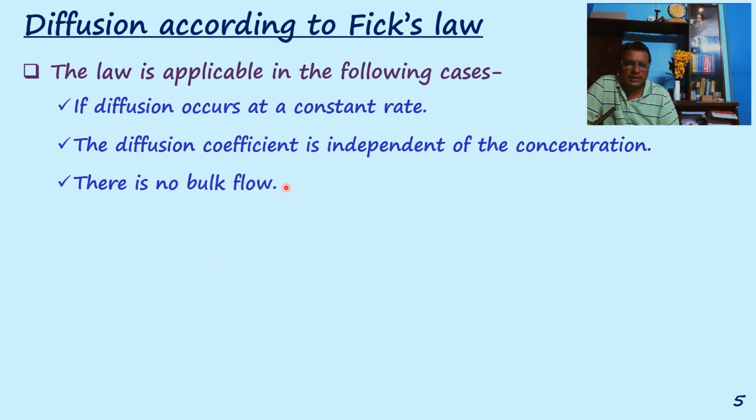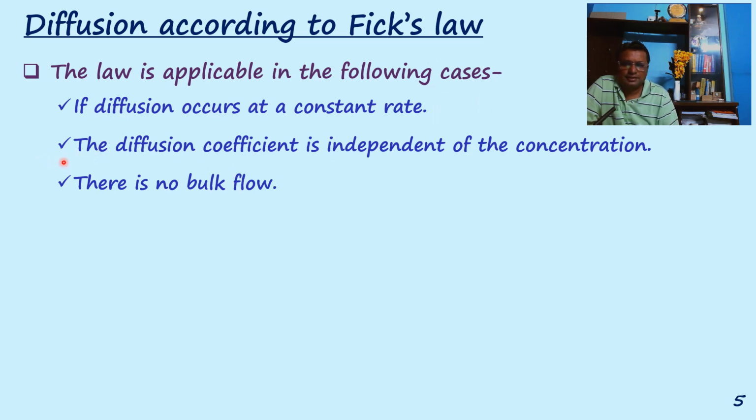And another important condition is there should be no bulk flow. So you can apply Fick's law for those diffusion that involves no bulk flow of the diffusing substance. Okay, so under these three conditions you can apply Fick's law for diffusion through solids. Diffusion occurs at constant rate, that means you are dealing with steady state.